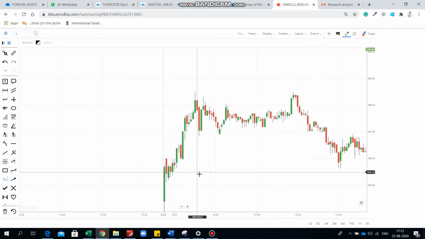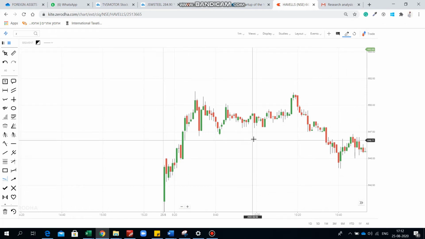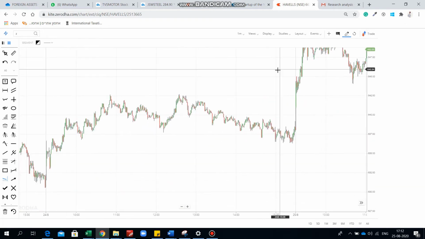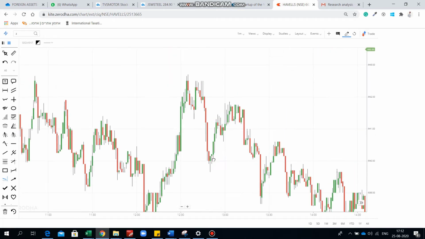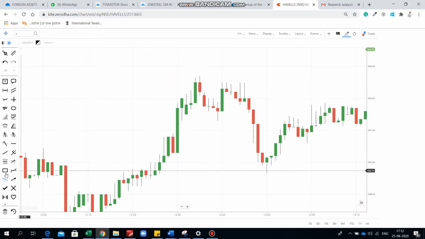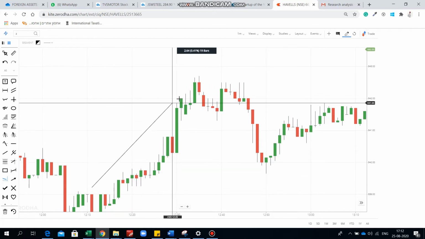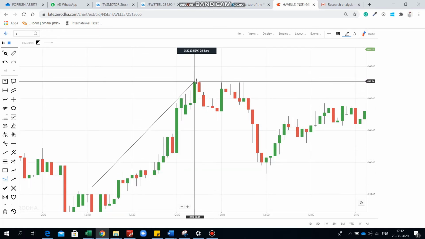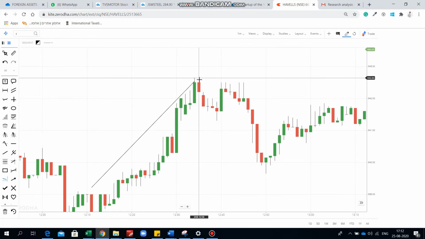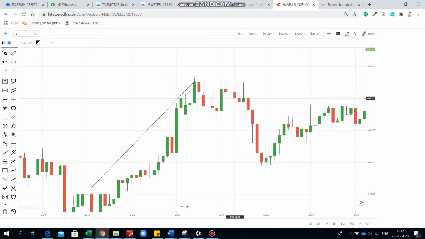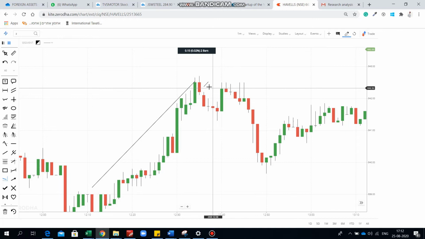Let's say here, if you can see, there is a good uptrend movement, right? The price has moved actually good till here, and after that this candle formed and the price started going down, right?